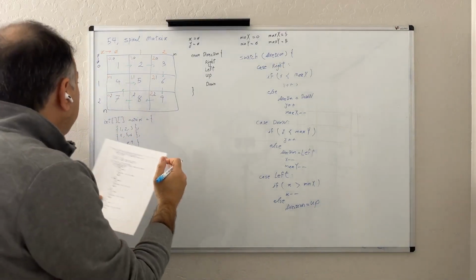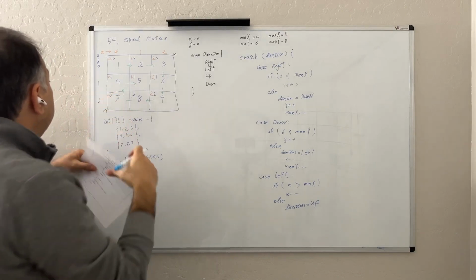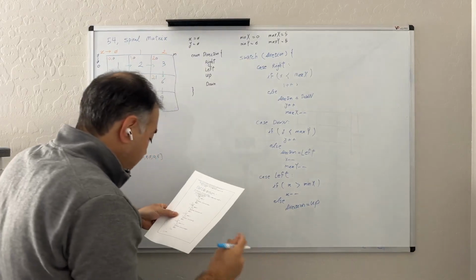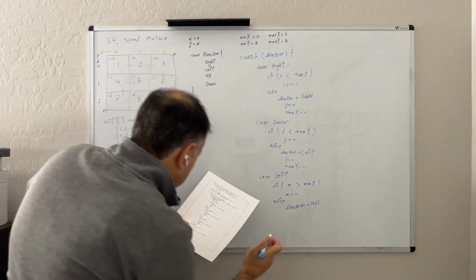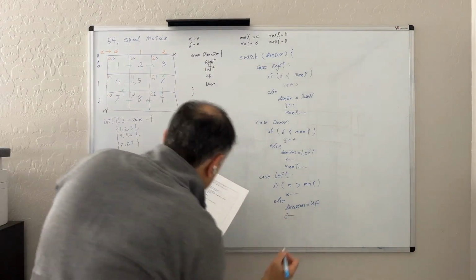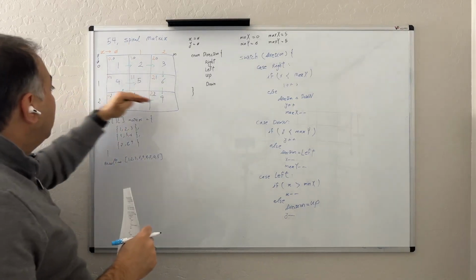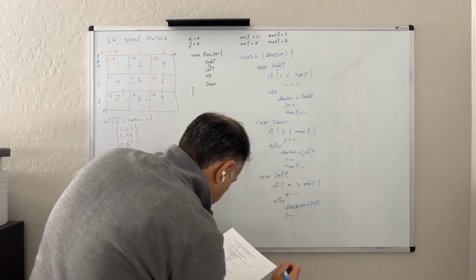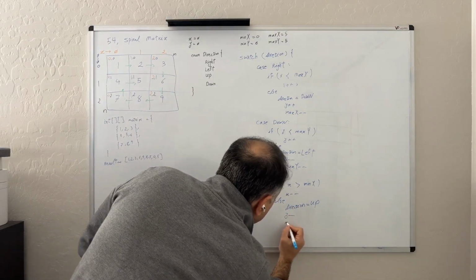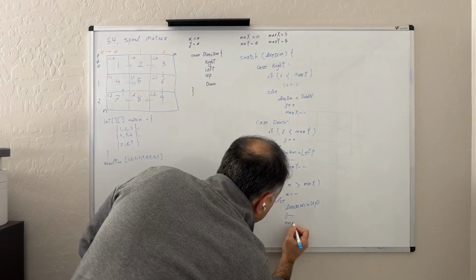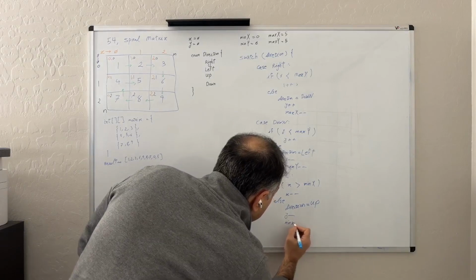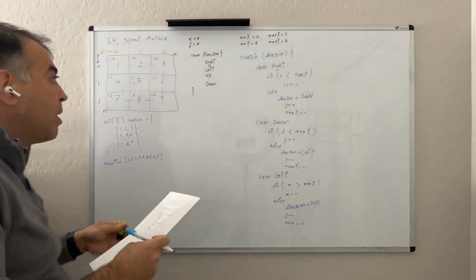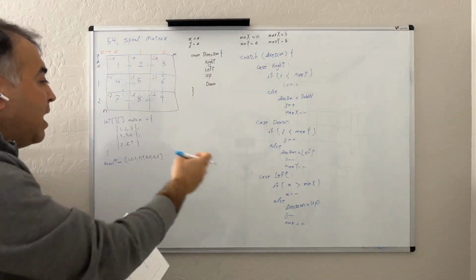And when I go up, I need to start decreasing the y. And I need to make sure that I will not visit this one again. So minimum x plus plus. So these are for right, down, left.